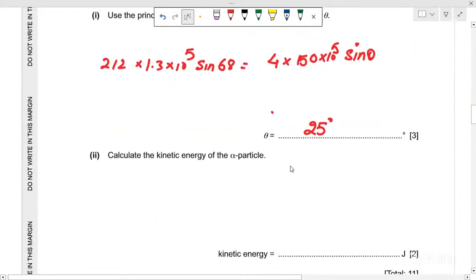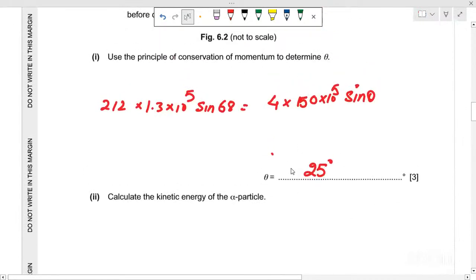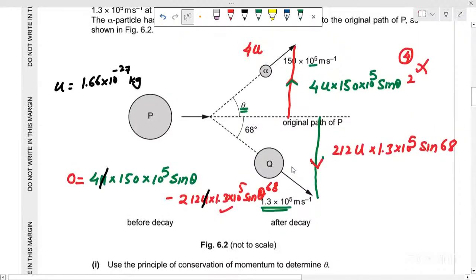So now, how can you find the kinetic energy of alpha particle? You know, the speed of alpha particle is given, which is 150 times 10 power 5, and the mass of alpha particle is 4u.